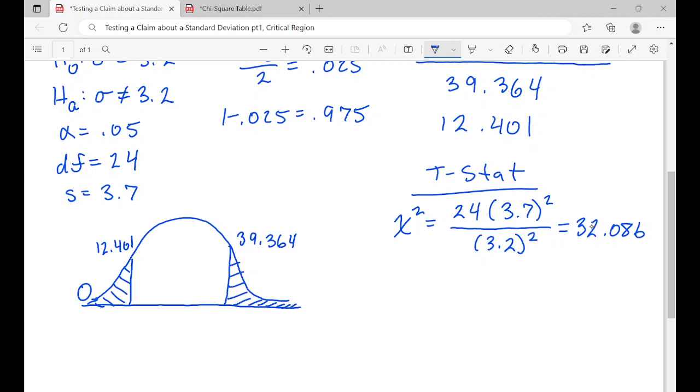Now we're going to take our test statistic, 32.086, and we'll say that this is here, more or less. I can see it's definitely not in the shaded area. It's not in the rejection region.